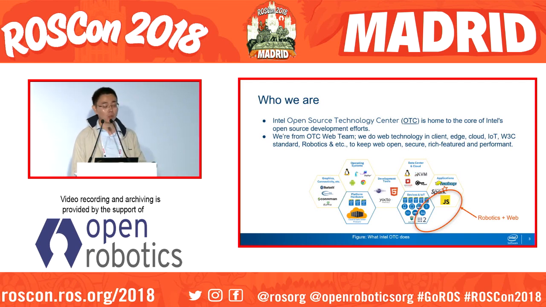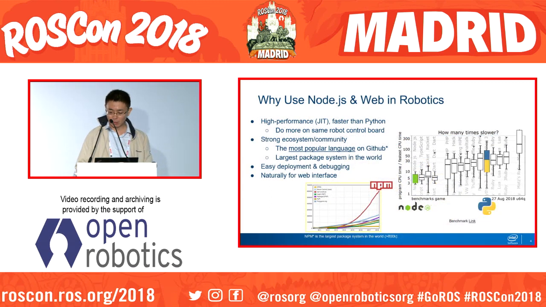So why do we use Node.js and the web in ROS? JavaScript was initially implemented on the client side, running in a web browser. But after Node.js was invented, everything changed. It enables developers to write server-side code to be a full-stack developer.